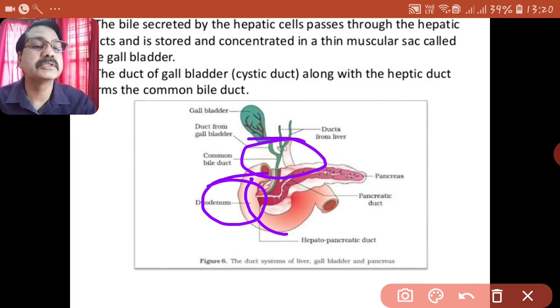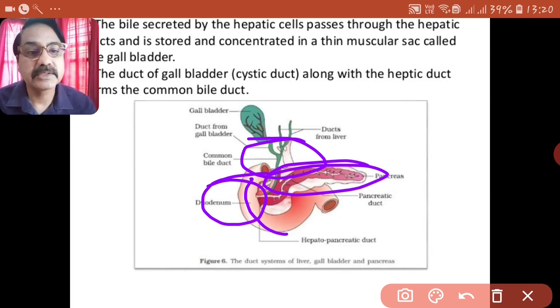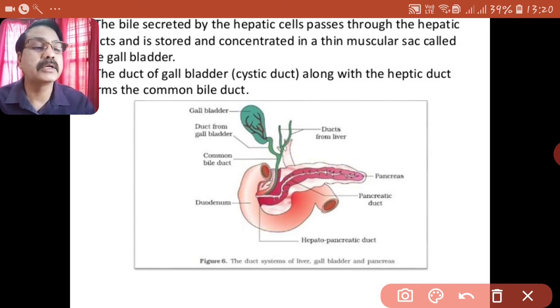This is the pancreas. You can see this is the pancreas, and the pancreas acts as a dual gland, exocrine as well as endocrine. We'll discuss it in the next slide. Here you can see the pancreatic duct and the hepatopancreatic duct. What the hepatopancreatic duct is, we will see here.